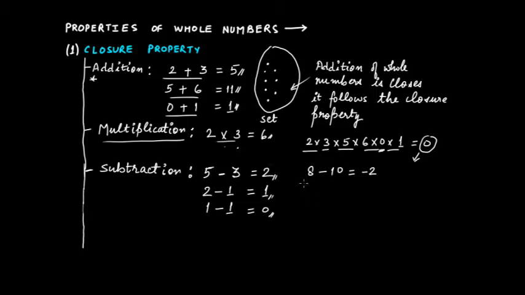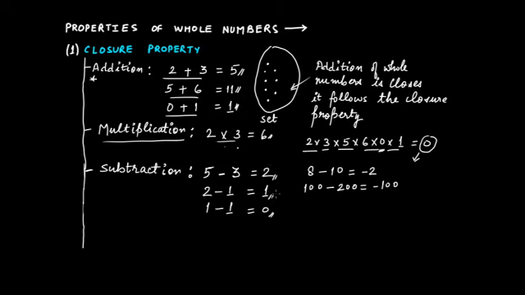Let's take another example. You have 100 minus 200. So the answer you would get is minus 100. Is it a whole number? No, it's not a whole number. So if you apply subtraction, it's not sure that every time you would get a whole number.